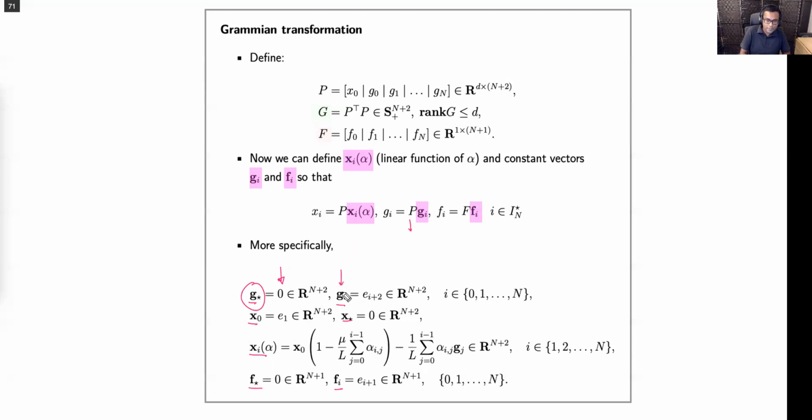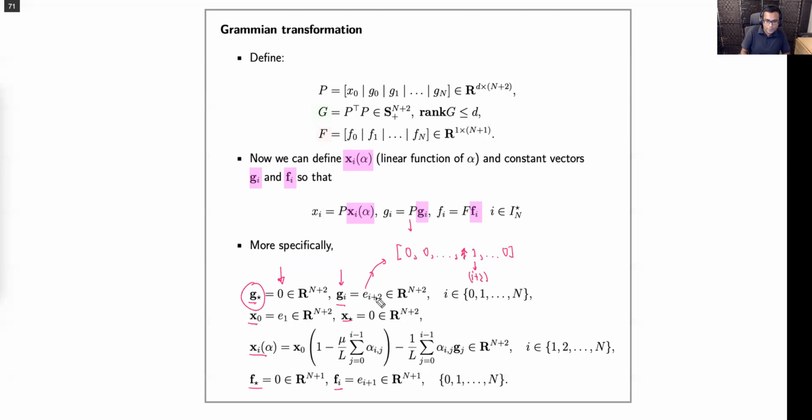Then gi, I define as follows, where e is a vector with only one non-zero entry, which is 1 at the i plus 2th position and 0 everywhere else.